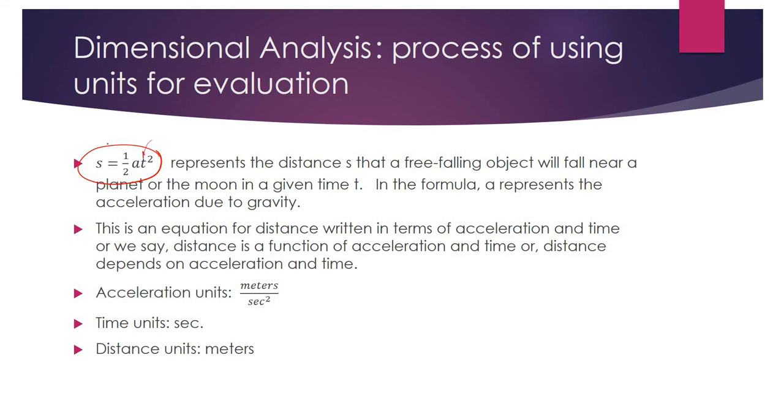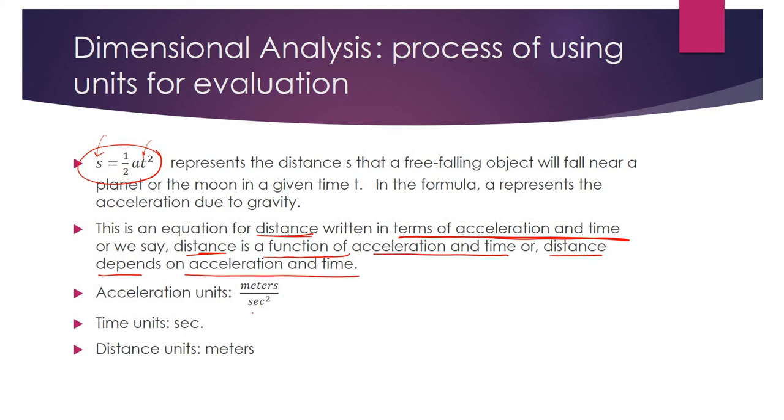So t is time, s is distance. In the formula, a represents the acceleration. So this is an equation for distance, s, written in terms of acceleration and time. Or distance is a function of acceleration and time. Or distance depends on acceleration and time.